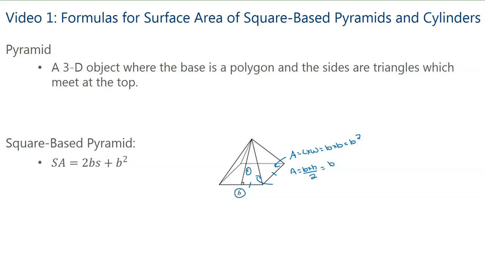So b is the base, s stands for the height, and when I divide that by 2, and then times that by 4, because there's 4 equal triangles here, 4 divided by 2 is 2. So I end up with 2 times b times s. So that's where the formula came from. This represents the 4 triangles on the side, and this is the bottom square.